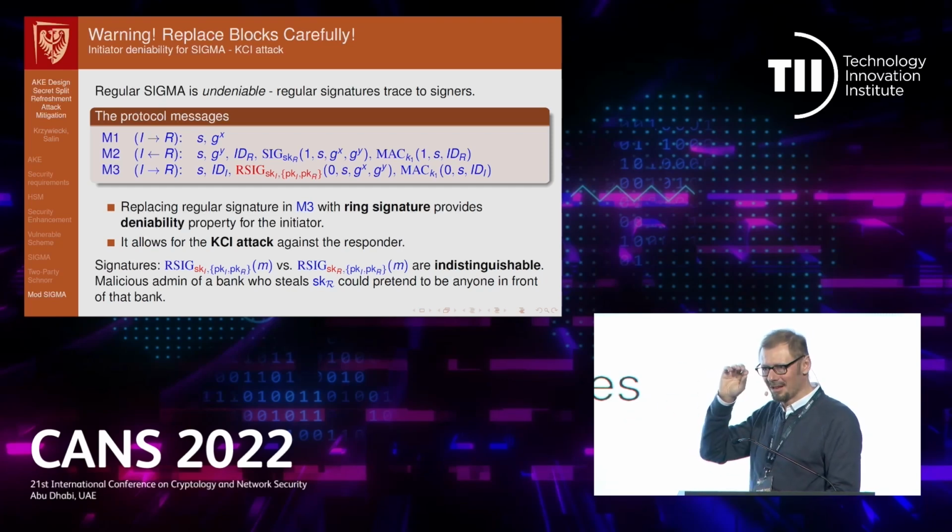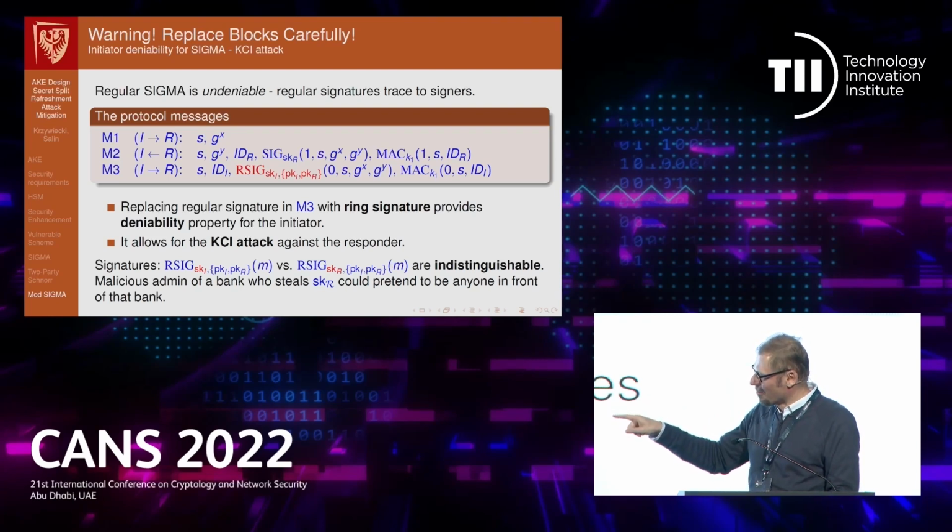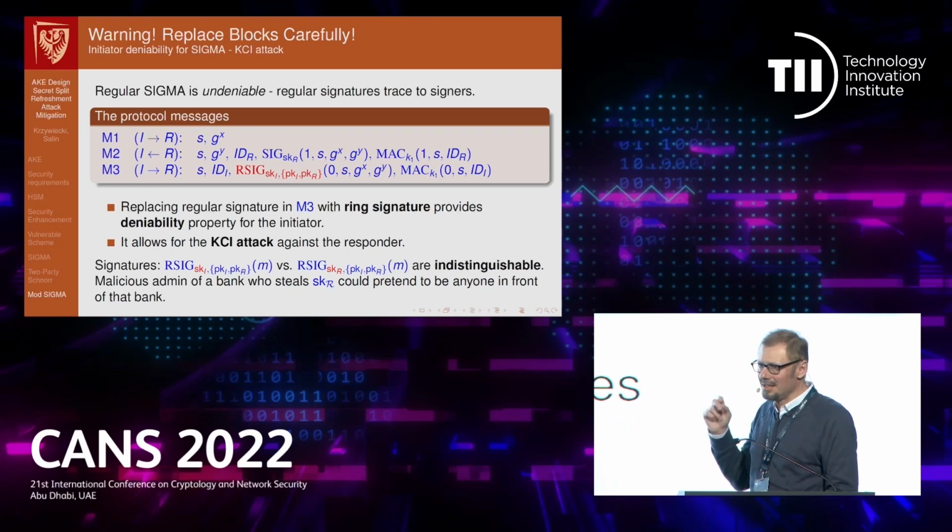Because from the cryptographic point of view, a signature done with one secret key corresponding to a public key from the anonymity set is indistinguishable from a signature done with the other secret key from that anonymity set.